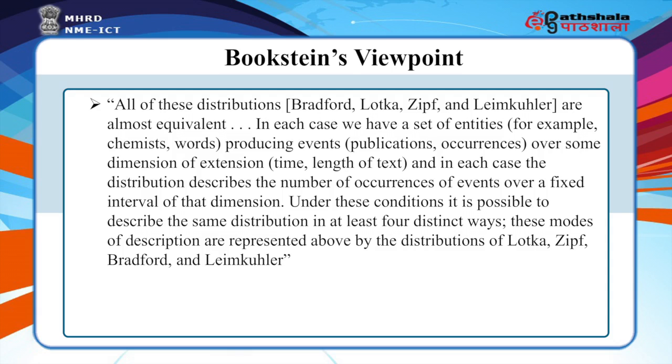And in each case, the distribution describes the number of occurrences of events over a fixed interval of that dimension. Under these conditions, it is possible to describe the same distribution in at least 4 distinct ways. These modes of description are represented above by the distributions of Lotka, Zipf, Bradford, and Leimkuhler."